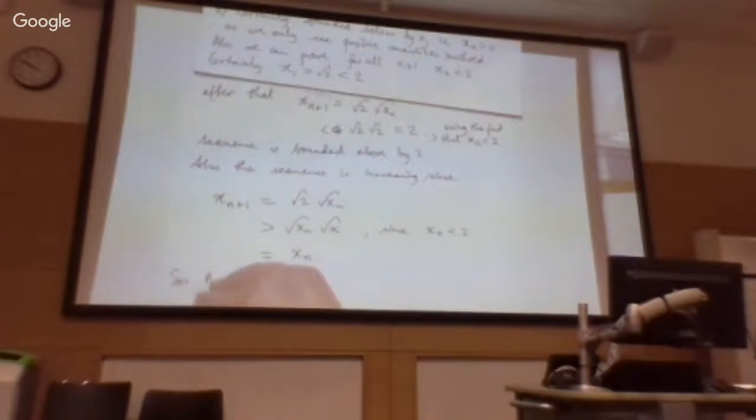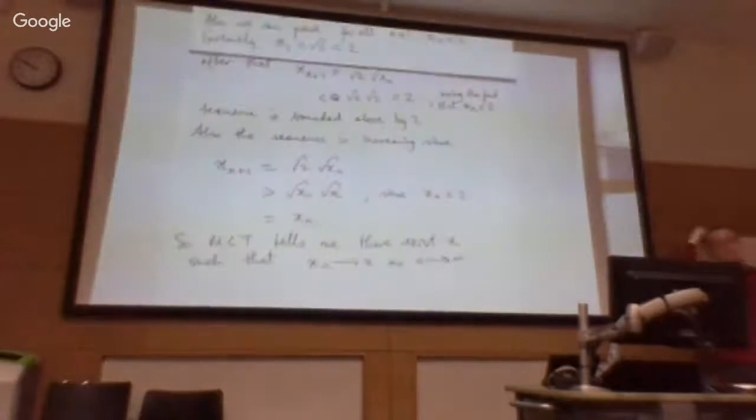So the monotone convergence theorem tells me there exists some number x such that xn is convergent to x as n converges to infinity. Okay? It does have a limit.